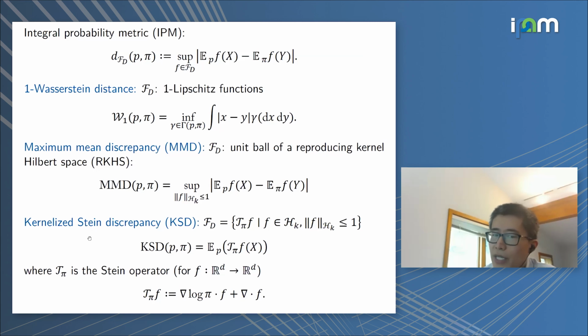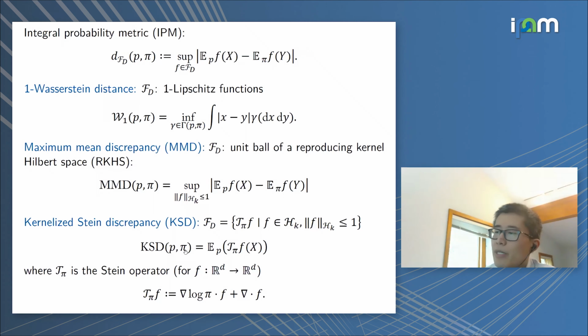Now the other metric that I'm going to consider: on Tuesday there will be a talk on Stein discrepancy. People have also considered in the machine learning literature the kernelized Stein discrepancy. This is fundamental work dating back to Stein: you can measure the difference between two probability distributions using the Stein operator, which is defined like this. If you take the adjoint of this acting on pi, if p is equal to pi, then it will vanish, because this is log of pi and this is the gradient, and you act these on pi, so it would give you 0 if p is equal to pi.